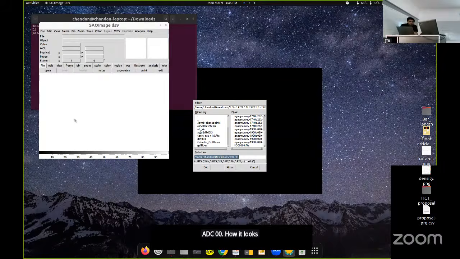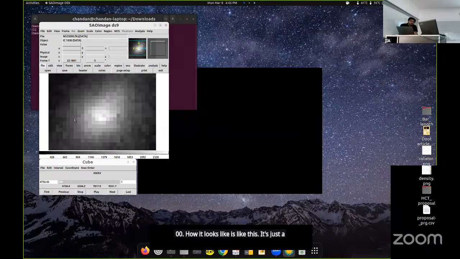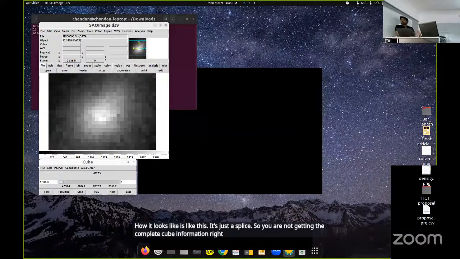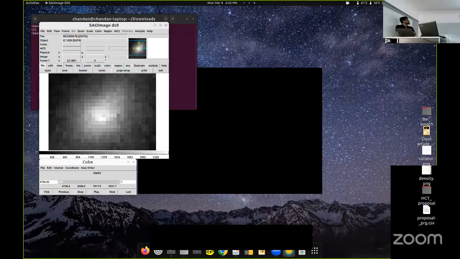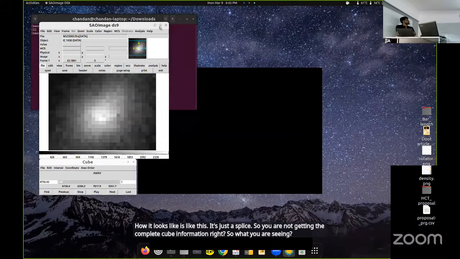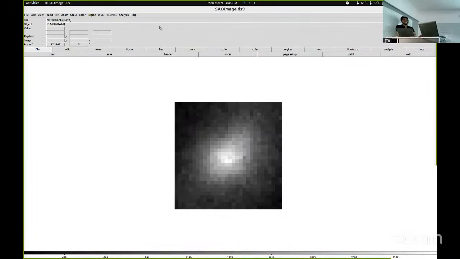It's just a slice. You are not getting the complete cube information, right? What you are seeing is just a slice. You are not seeing a cube.